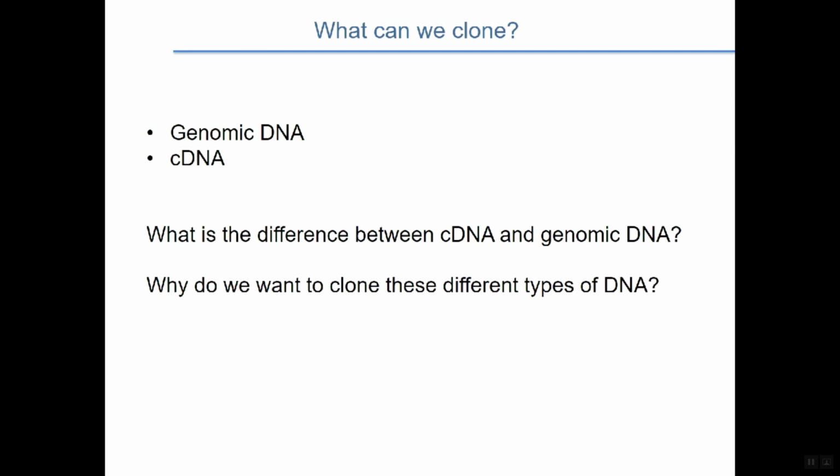Why do you grow bugs to amplify DNA? Why don't you just do a PCR? Yeah, that's a step before that. So you're selecting for the ones that have the vector, that's right.